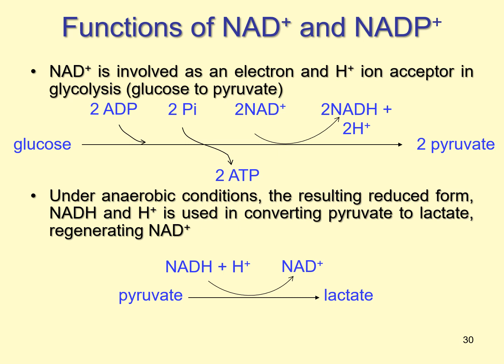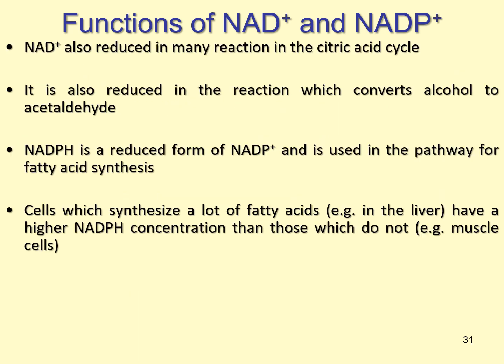So under anaerobic condition, meaning the condition without oxygen, the resulting reduced form NADH and the hydrogen is used in converting pyruvate to lactate, and at the end of the day it generates NAD+. So pyruvate and lactate can be intermediates actually, and these intermediates can be interconverted by using these coenzymes as well as cofactors.